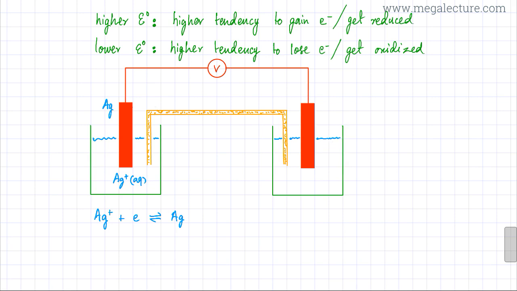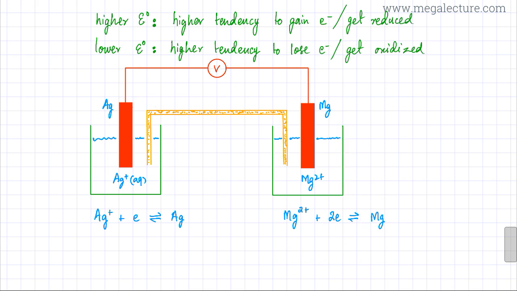And on my right-hand side, I have another electrode set up between magnesium ions and magnesium metal. It's Mg2+ in aqueous solution, and the metal Mg is over here. The electrode is made up of that, and the equilibrium is established. Mg2+ is gaining electrons, whereas Mg is vice versa losing electrons.